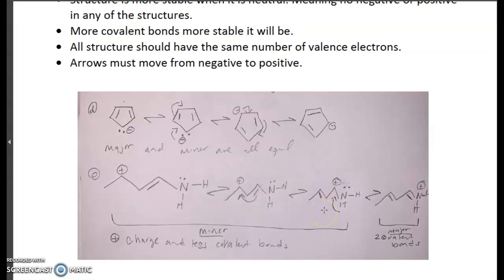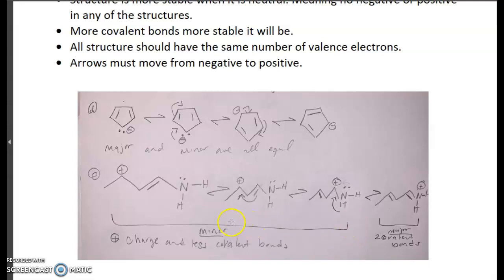When it gets to the other side, the lone pair on the nitrogen will try to get to the positive charge, and as it shifts over, you get two double bonds. As you can see, two double bonds at the positive charge on the nitrogen, which I said is the major resonance structure because it has the two covalent bonds there.